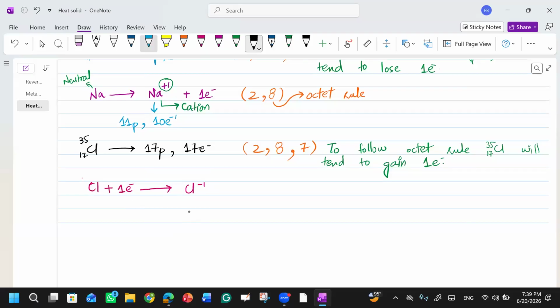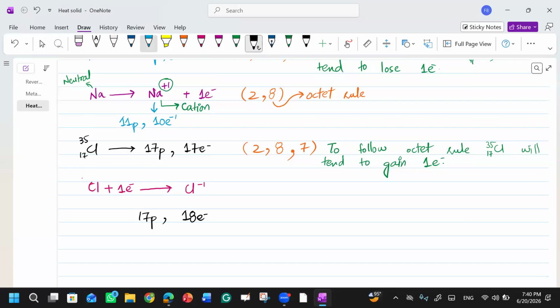Now there are 18 electrons. What about protons? 17, the same. When you compare protons and electrons, you will see that one electron is extra as compared to the neutral atom, that's why there is a minus one charge. One negative charge is more, that's why there is a minus one charge on it.